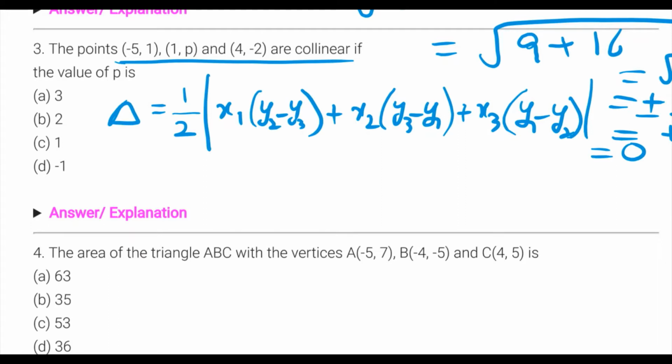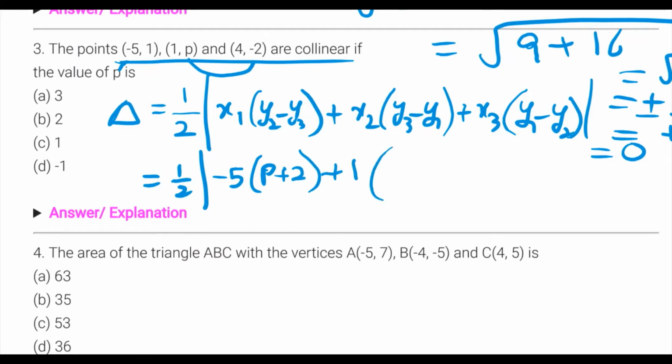Substituting the points, I will get half of x1 is minus 5, so minus 5 into (y2 minus y3), so it's P minus of minus 2, which is P plus 2, plus x2 equals 1 and y3 minus y1 is minus 2 minus 1, plus x3 is 4 and y1 minus y2 is 1 minus P. This total expression should be equal to 0.